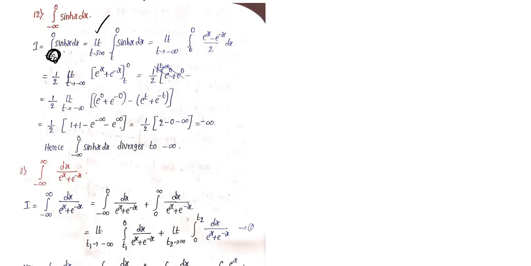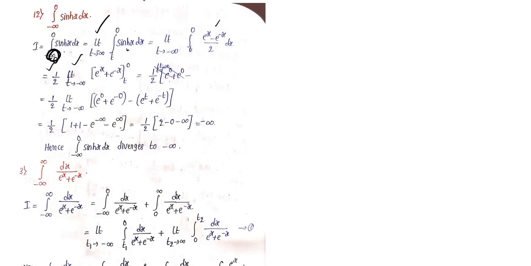We know the value of sinh x, that is e power x minus e power minus x by 2. Now I am integrating this integrand with respect to x. Here you can observe 1 by 2 is constant, that's why I am putting 1 by 2 outside, with the limit t tends to minus infinity as it is.